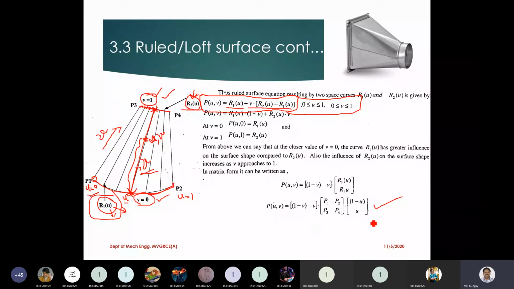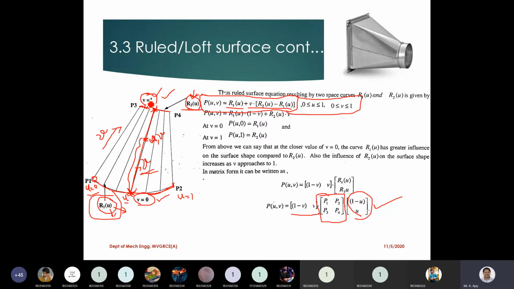Why do you need to do this? Here this is a simple matrix, which you call the v matrix, and this you call the u matrix, whereas P1, P2, P3, P4 are simply the points. Okay, so this is the simplest form.